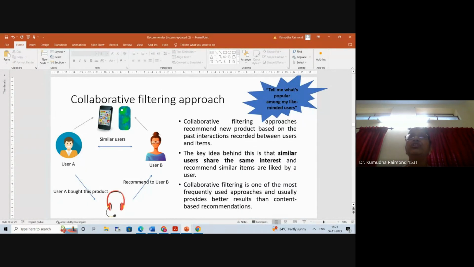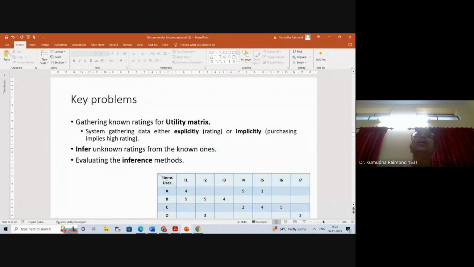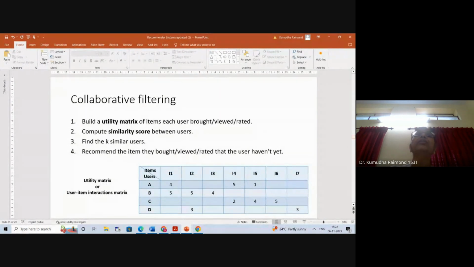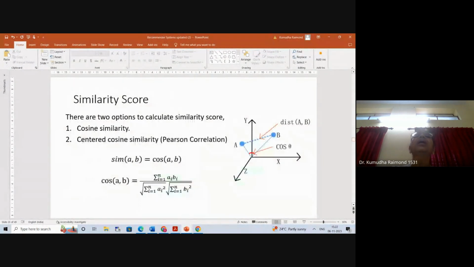I got a particular TV set. The similar type of user, what items did they purchase? Because both of us bought the same type of TV, and what are the further products that have been bought by user B? So that is going to be recommended to me. The similar type of people, what are the products they bought, just recommend to me. But I should know who are the similar type of users. That's why in the case of collaborative filtering we calculate these values.